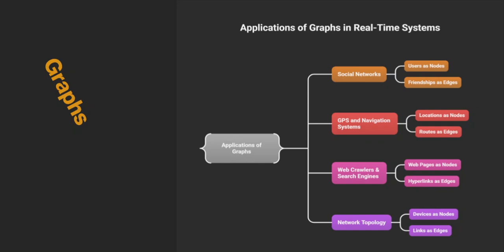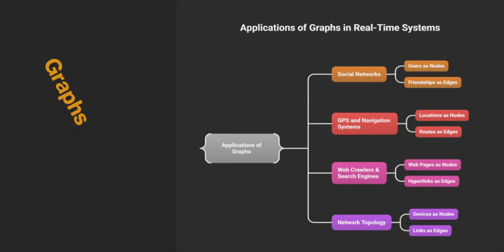Web crawlers and search engines internally use graphs. With the help of graphs only we are able to navigate from one page to another page, and network topology inside a computer network is again implemented with the help of a graph. So, friends, no Google Maps, no GPS-based applications, and then we can't even imagine all other applications based on Google Maps, like Swiggy, Zomato, or Uber.